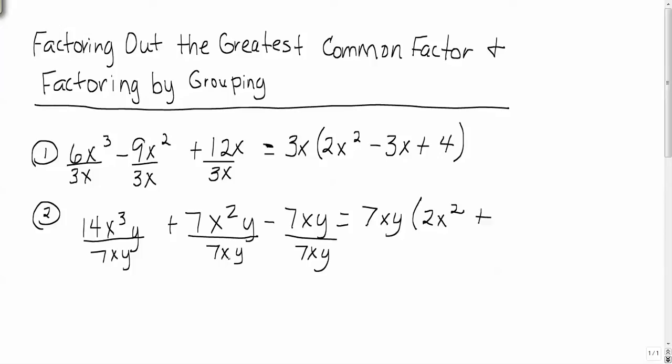So x squared divided by x would just be x to the first power, which is just x. And everything cancels out on the last one, so that's going to give you 1. Anytime everything cancels out it is 1, because if you divide something by itself, it gives you 1. So that's your answer.